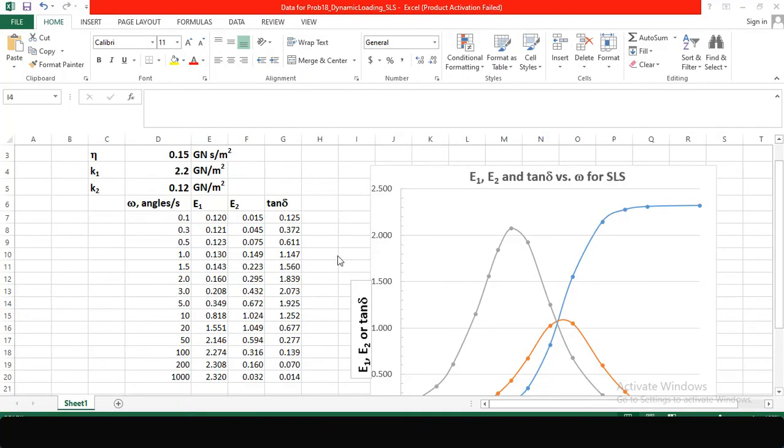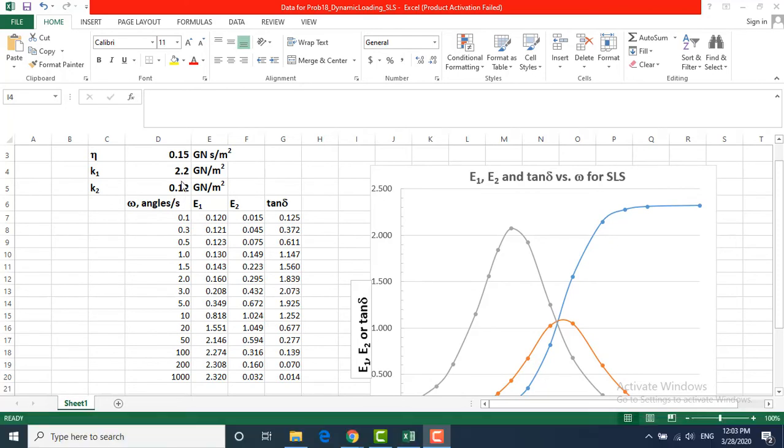So now in this Excel I have taken the values of eta as 0.15 giganewton second per meter square, as was given in the problem. K1, the spring constant, is 2.2 giganewton per meter square, and K2, another spring constant, is 0.12 giganewton per meter square.